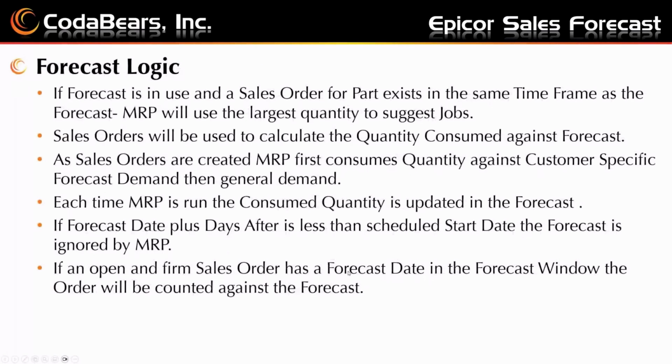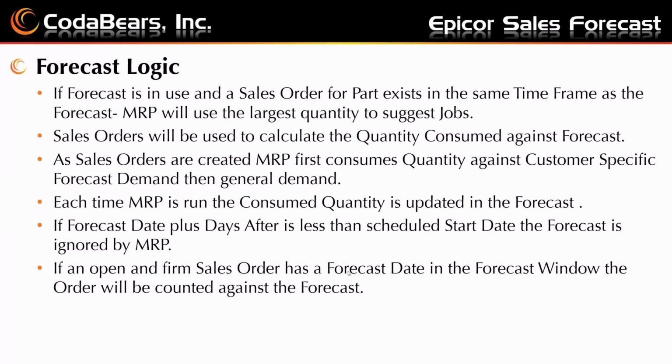So some forecast logic. If a forecast is in use and a sales order exists in that time frame that the forecast is set up for, MRP is going to use the larger quantity of the sales order versus the forecast. So if you have a sales order for 1,000 pieces, but your forecast is only for 500, MRP will say, hey, within that time frame, I'm going to need the larger quantity of 1,000.